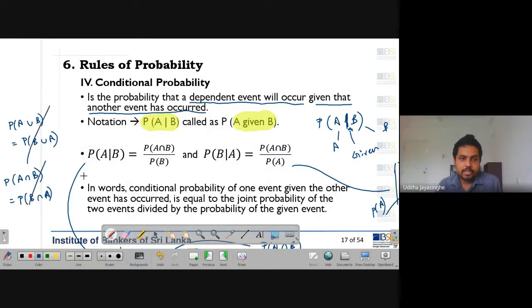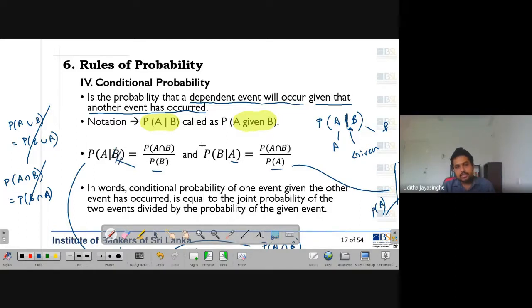Okay. So for conditional probabilities, you can simply take the joint probability, or the ands, and divide it by the respective event that has already occurred. B has occurred, B. A has occurred, A. How do you keep this equation in mind? Easy. You take the probability that is on the bottom part.